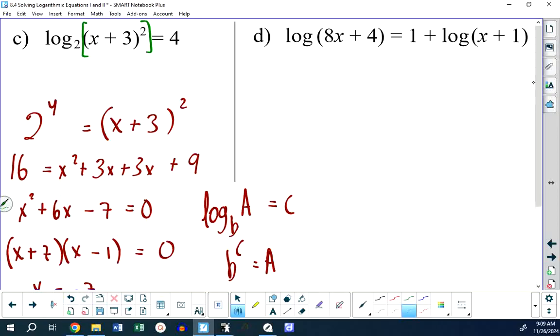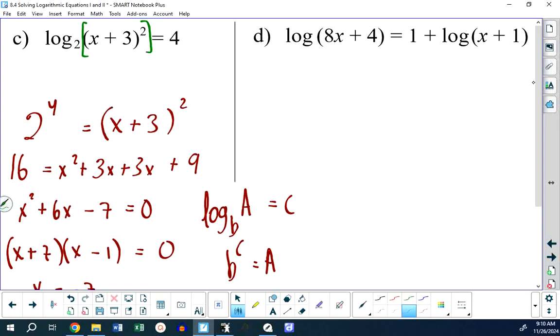There is a value of x that is not permissible for that logarithm, and the answer is negative 3. Negative 3 is not permissible, because you would get the log of 0. But any other number, even the negative 7, when we put negative 7 up here, this is going to become negative 7 plus 3, which is negative 4, but it's squared. Okay? And that would make it positive.